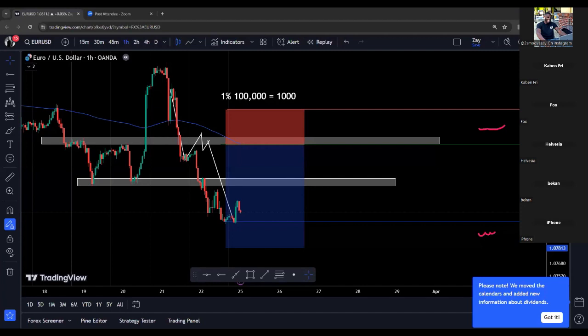If you're looking at it, this is a $30 lot size. So 3.30 is $33, right? As you can see here, for 30 pips, a 3.00 lot is $30 a pip, so 30 pips is 900.